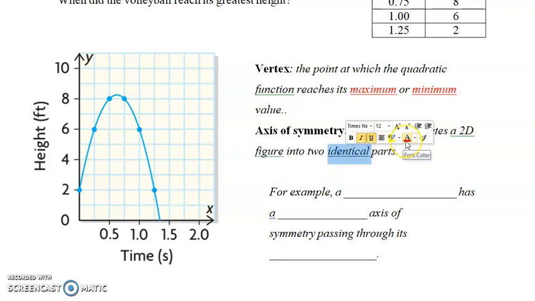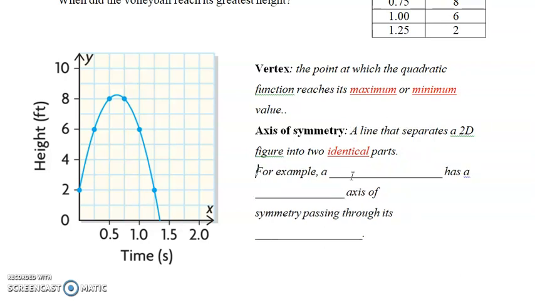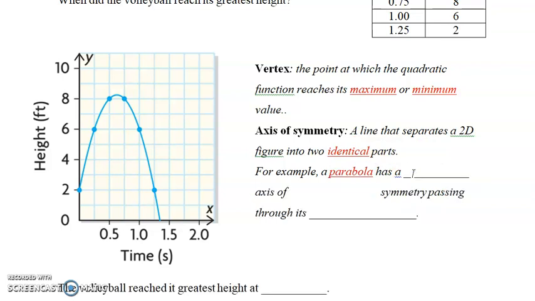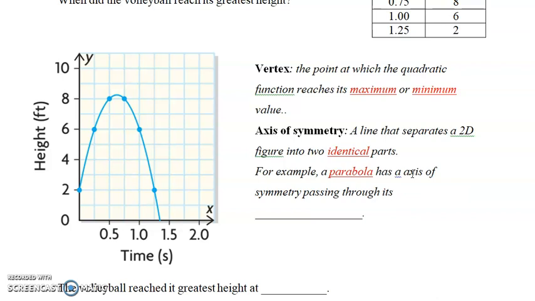So it basically cuts it in half right at its vertex. For example, a parabola has a vertical axis of symmetry as it passes through its vertex.